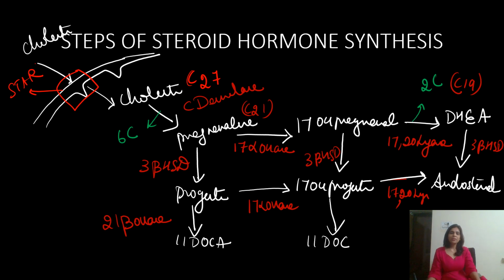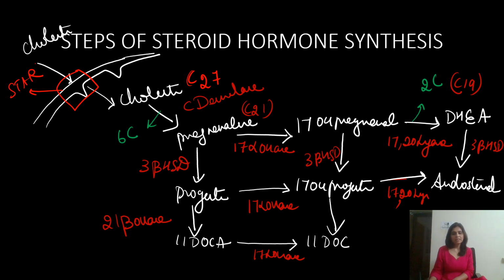Do you understand this? 21-beta hydroxylase converts progesterone and 17-hydroxyprogesterone into 11-deoxycorticosterone and 11-deoxycortisol, which means this conversion is also possible. So when 17-alpha hydroxylase acts on 11-deoxycorticosterone, it can become 11-deoxycortisol.